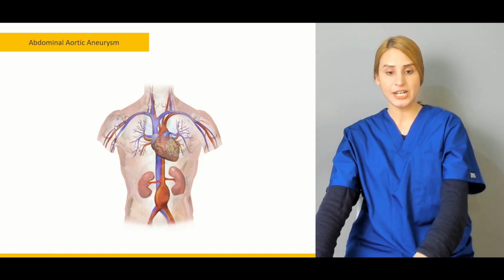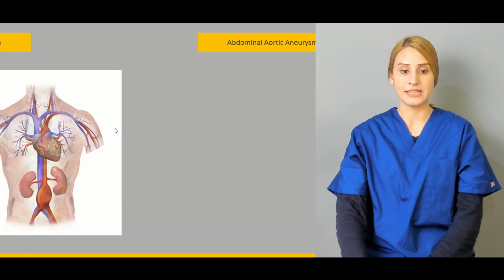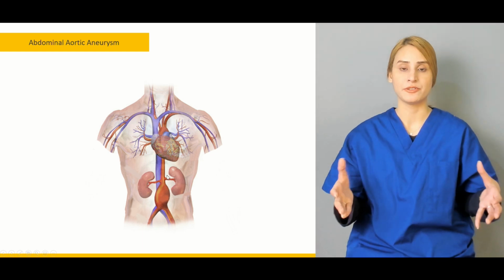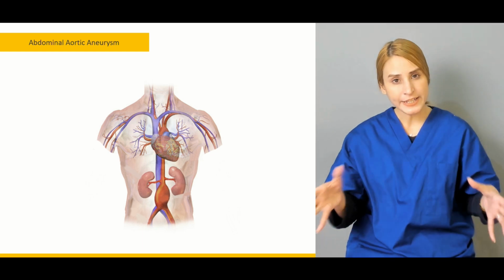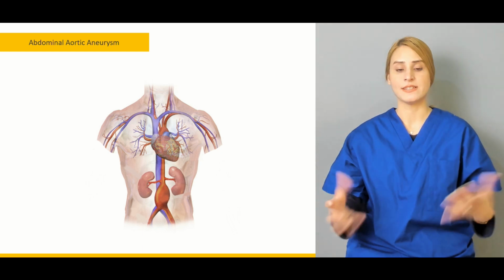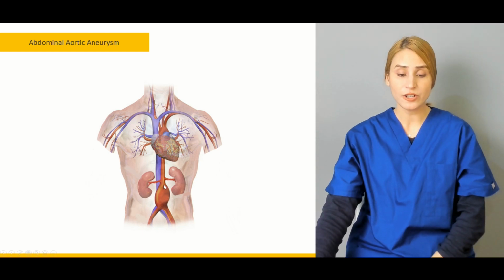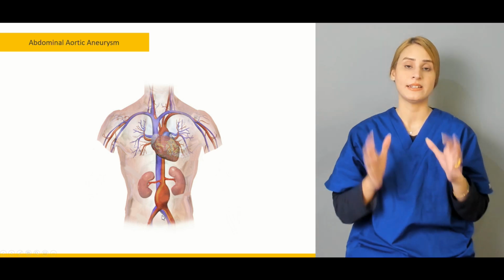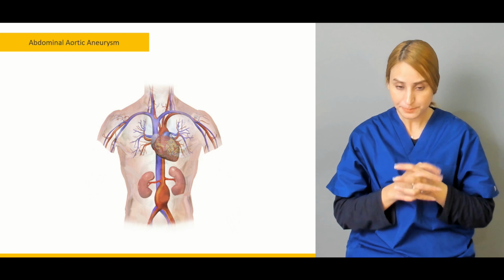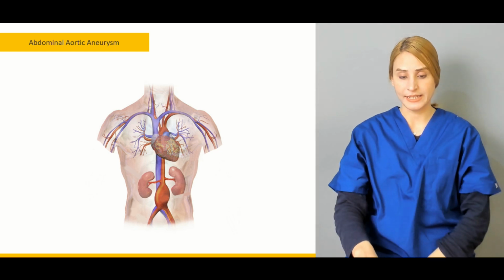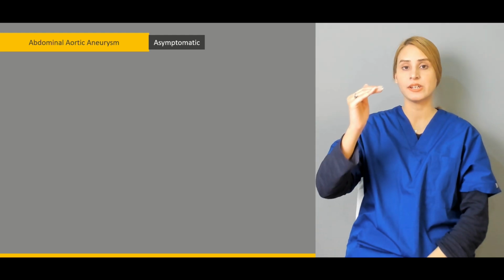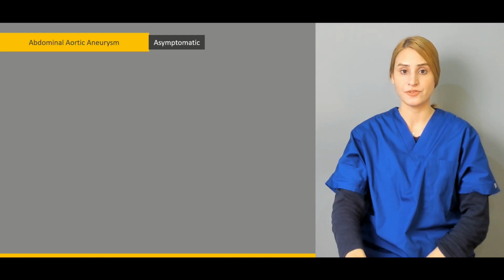If you look at the diagram behind, this is the part from which the abdominal aorta gives rise to the renal arteries on both sides. So it is infrarenal and extends down to the point where the aorta divides into the common iliac vessels. So remember the location: starting from the infrarenal vessels, extending to the bifurcation of the aorta.